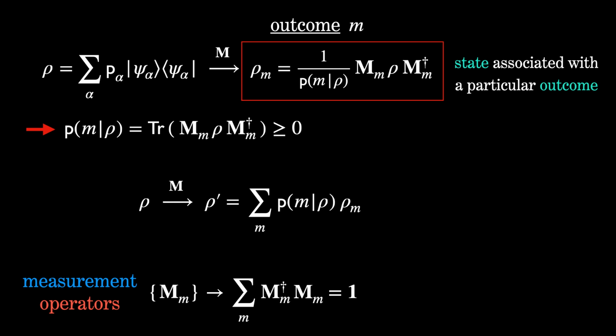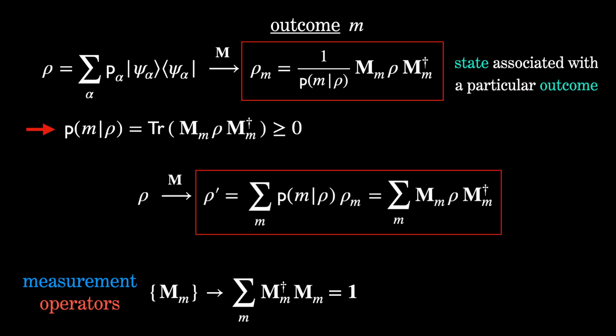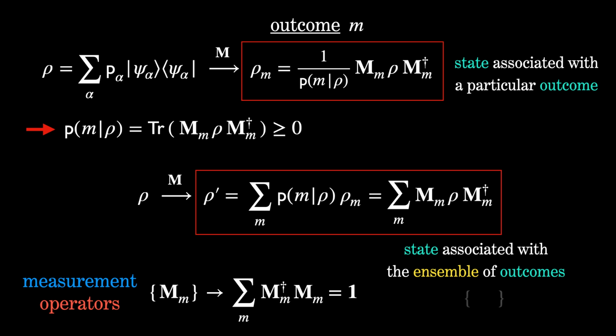A very neat thing happens when you do that. This probability cancels with the one in the normalization factor of rho m, and gives the following result. Notice that once again, the measurement transformation is linear in rho. Rho prime is the state that describes the ensemble of measurement outcomes.